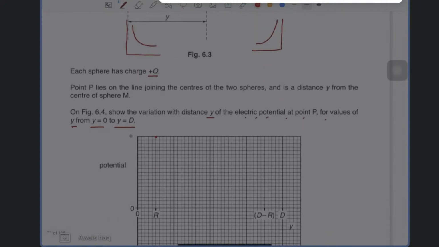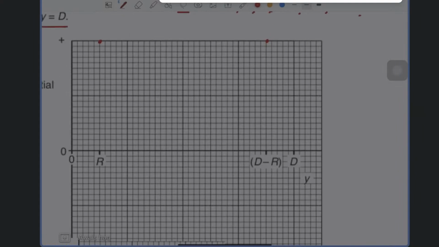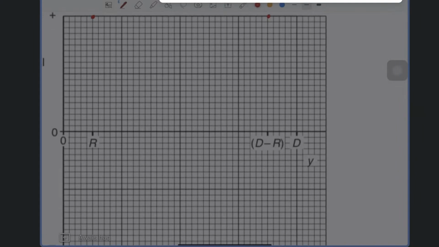So it's going to go up again like this, and it will never touch zero. Exactly at the middle, which is from here till here, it's like half, one, two, and half. So I think the middle would be somewhere like here, I believe.